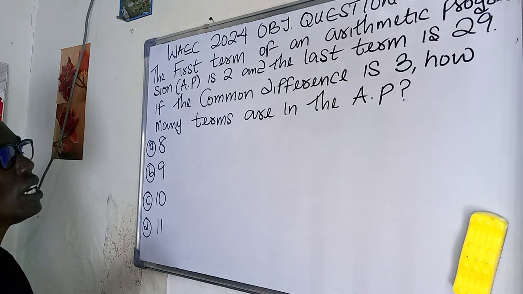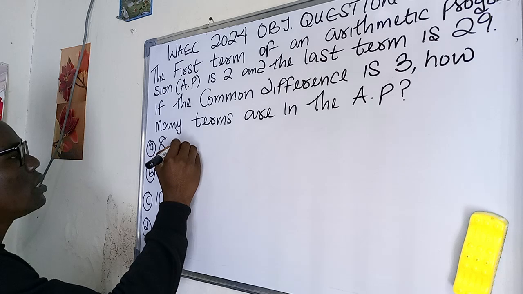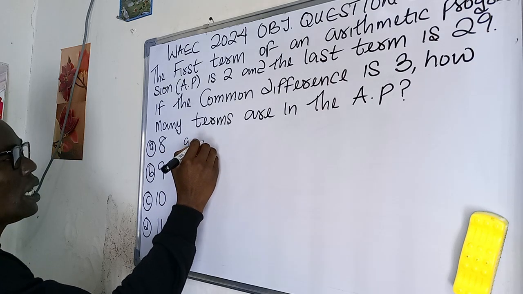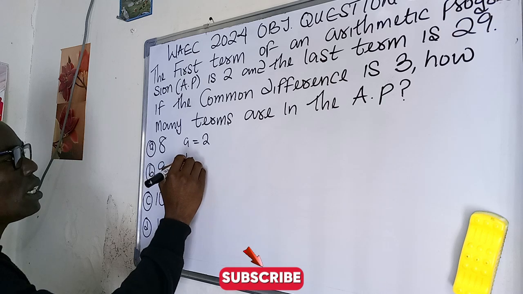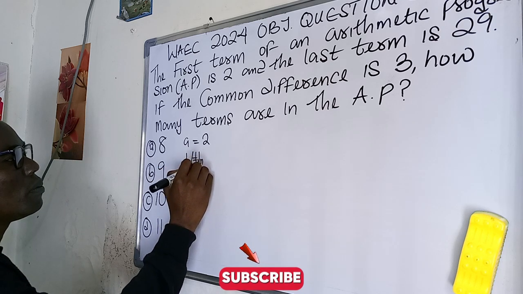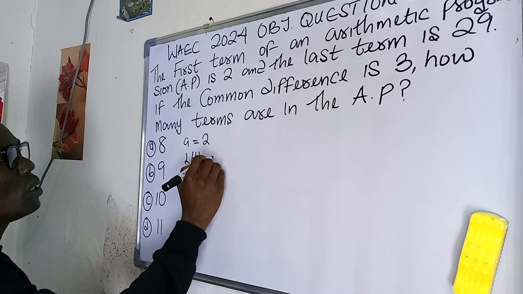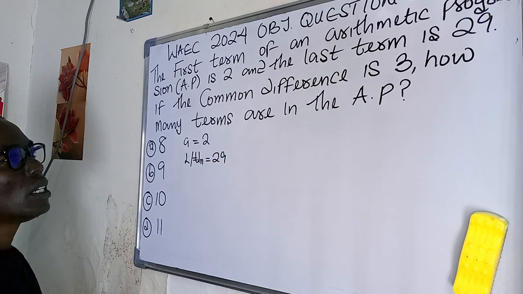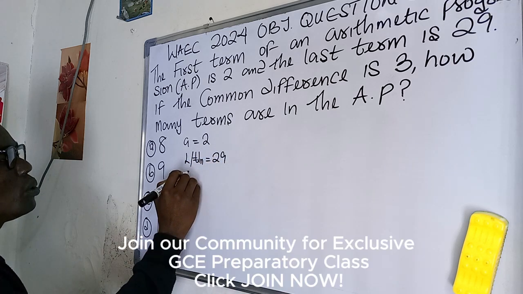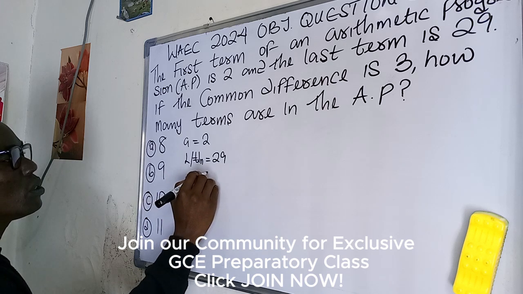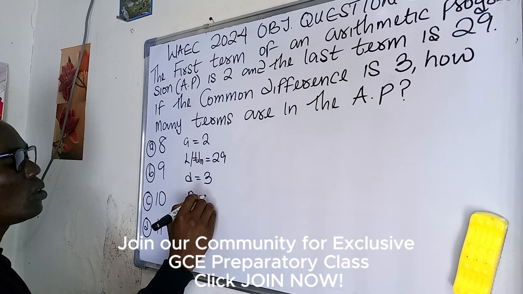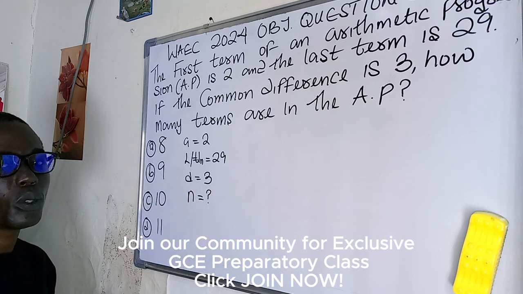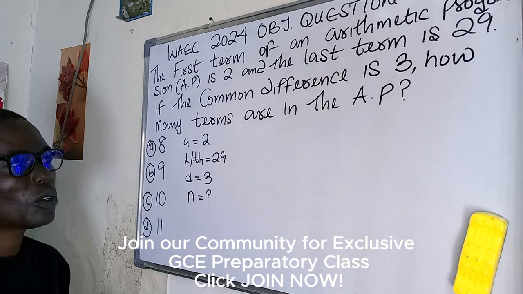I'm given the first term, which is a, and they say the first term is 2, and the last term, or the nth term, is equal to 29. And we are told that the common difference is 3. What we don't know is the number of terms, and that is what we are looking for.